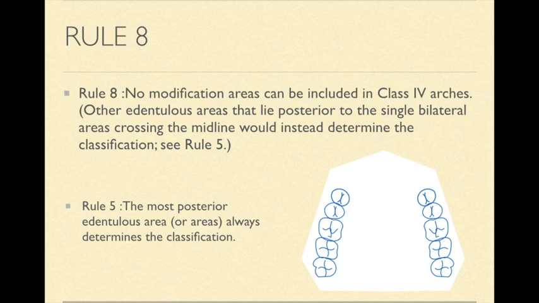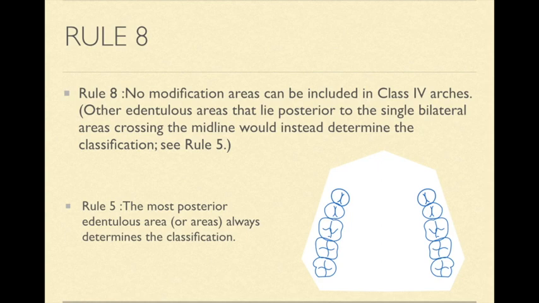And rule number 8 talks about how no modification area can be included in a class 4 arch. It means that all the edentulous area that lies posterior to the single bilateral area crossing the midline will instead determine the classification. That's from rule 5. Rule 5 says the most posterior edentulous area always determines the classification.